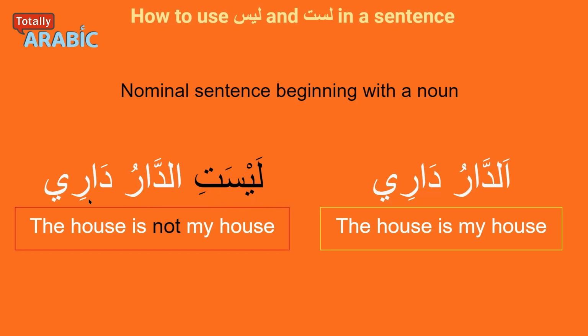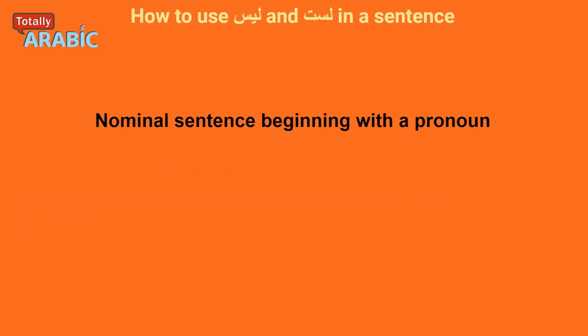You notice there is no fatha at the end, simply because here we have two words: dar, which is a house, and the ya, which has the meaning of my in English. So it is like a possessive pronoun, my house. ليست الدار داري. So when there is only one noun, it takes a fatha. When it is combined, like here, for example, my house, the structure is different, so we don't put a fatha here.